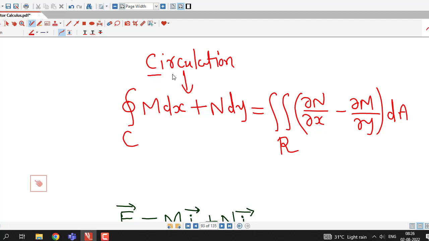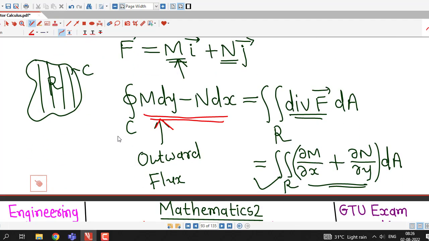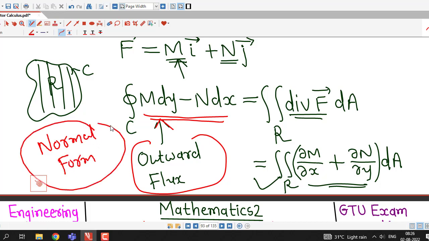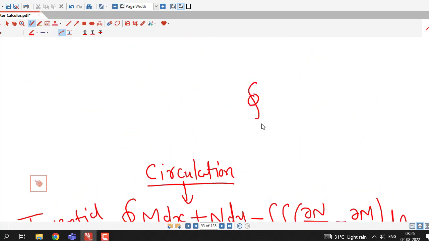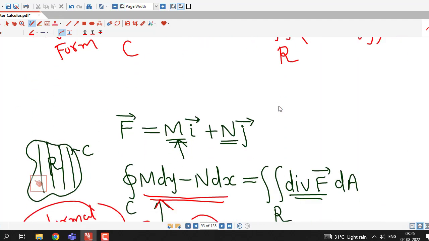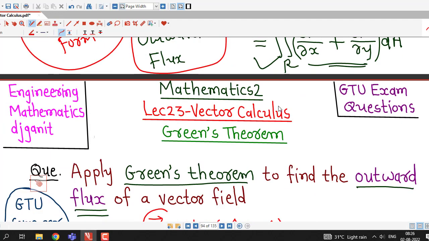So if they ask for circulation, use the tangential form, and if they ask for outward flux, use the normal form. If they simply ask you to evaluate the line integral, you can use either the tangential or the normal form. You will get the same answer.